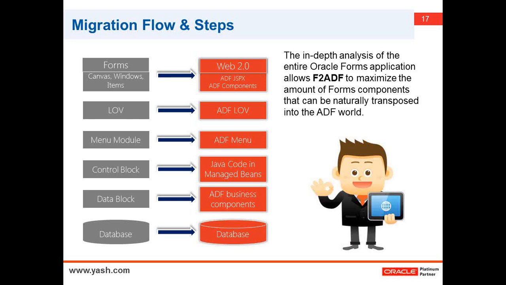The data block is where you have most of your queries, and that is mapped to your business component, which talks about the entities that you have, which are nothing but a replica of your database table. So you have entities, and then entities provide the data to the views.